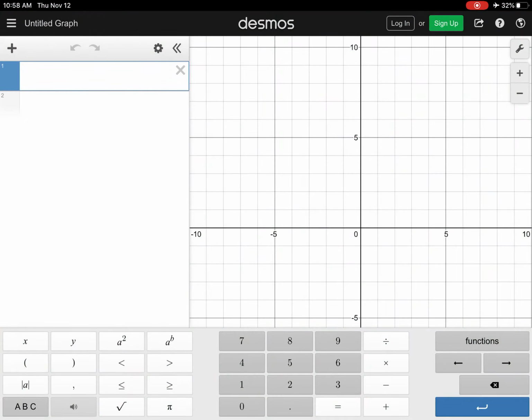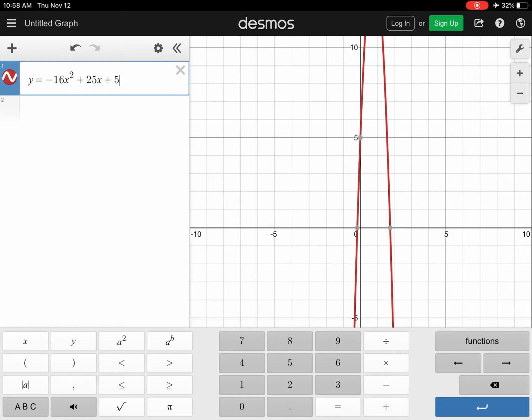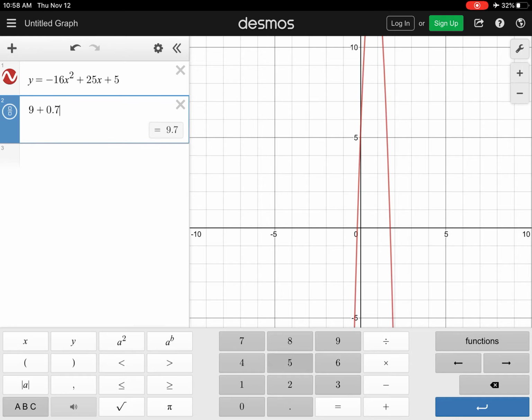Hopefully they're still there. Nope, they are not still there. So type it in, y equals negative 16x squared plus 25x plus 5, and then start a new equation. That one was 9 plus 0.75x.